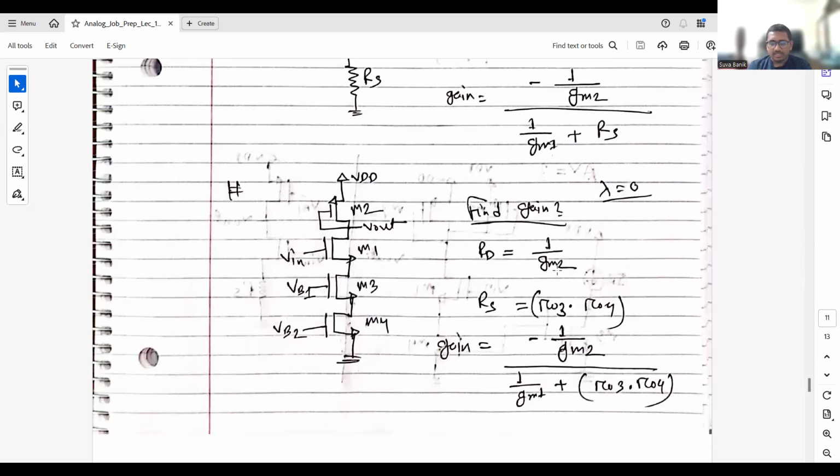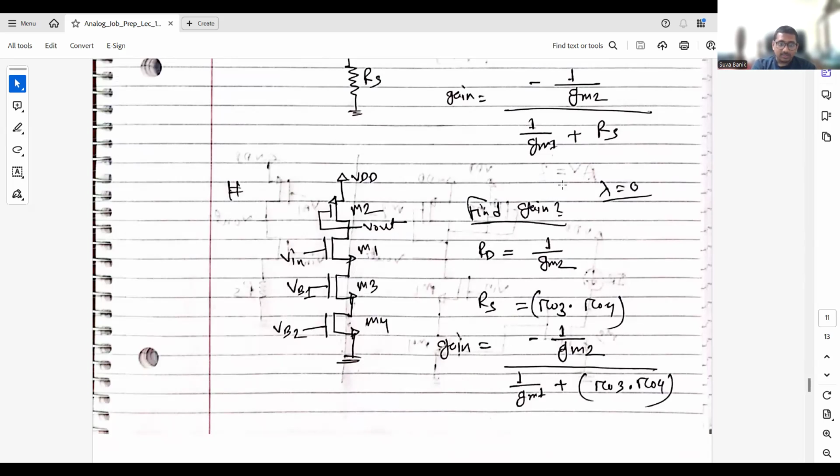If you go to any job exam, you will find a similar type of question. If your job is related to analog circuits, it may be analog design engineer, analog layout engineer, whatever, you may expect these types of basic circuits, so you should be able to find this out. I expect that you can also find out the gain of this.